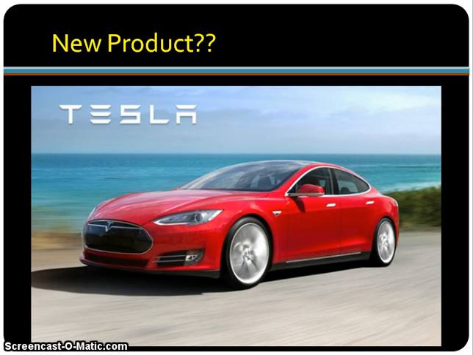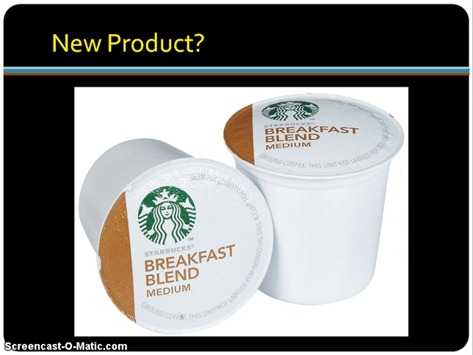So I'll pause for a couple of seconds. And so if you guessed it's new to the world product, yes, you're right. Tesla was the first of its kind of an all-electric car that was commercially produced and available in the commercial market.